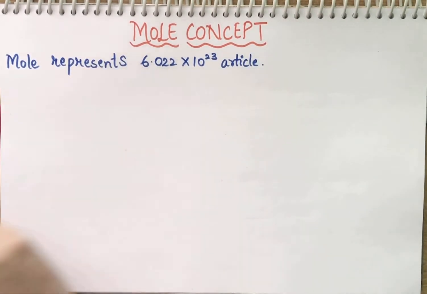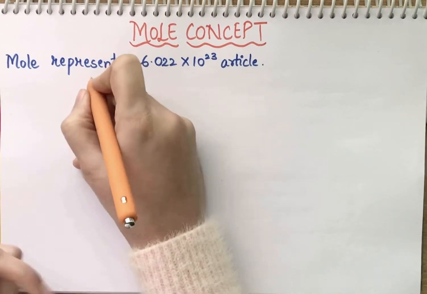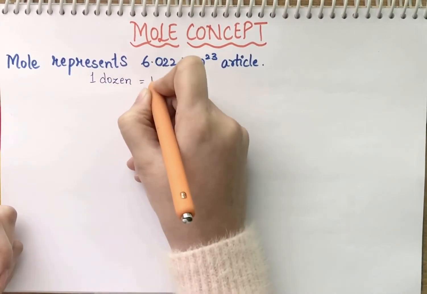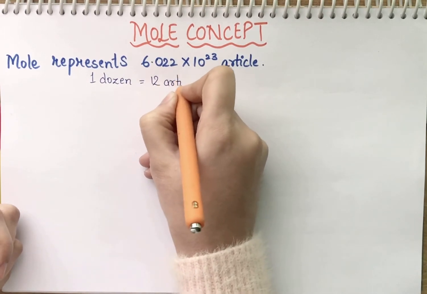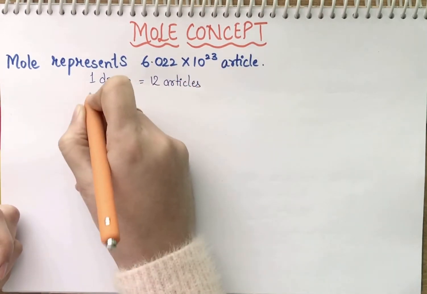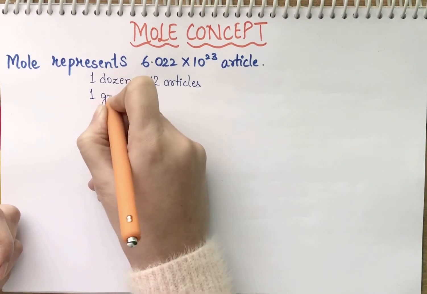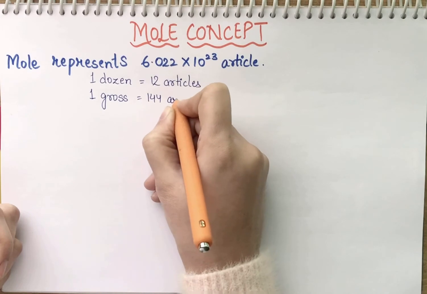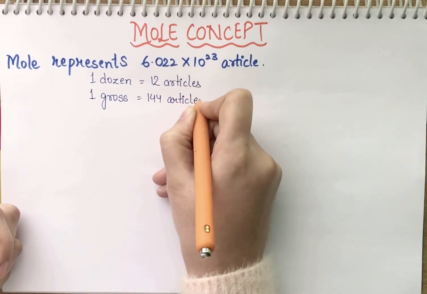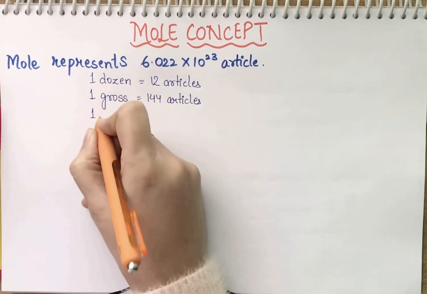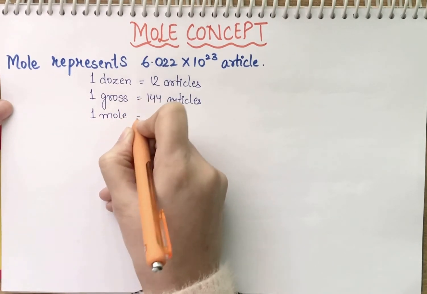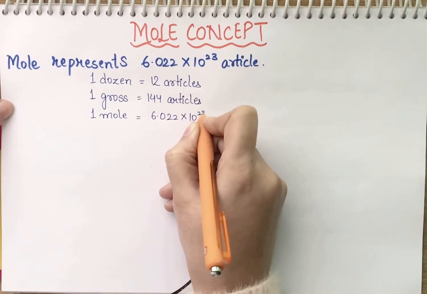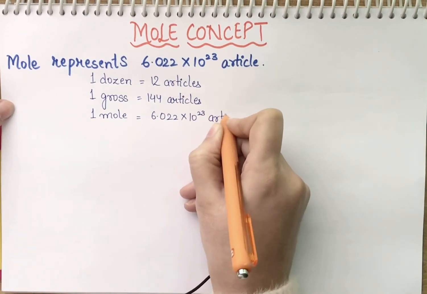Just like that, if I am representing 1 dozen, I am writing 1 dozen equal to 12 articles, 1 gross equal to 144 articles. Just like that, 1 mole means I'm having 6.022 into 10 raised to power 23 articles, right?